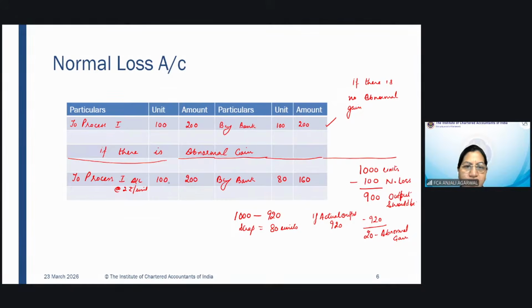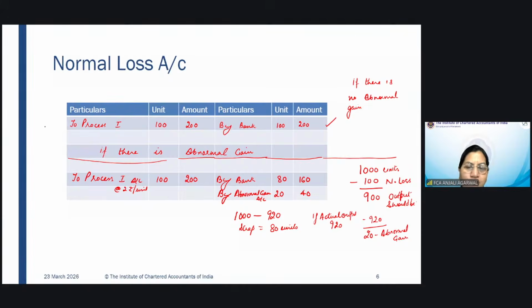So process 1 account, 100 units, 200, and by bank 80 units, which will sell at 160. So where will we take the difference from? The abnormal gain account will bear this difference. So by abnormal gain account, the 20 units which should have been sold at 40, we are not going to get that.